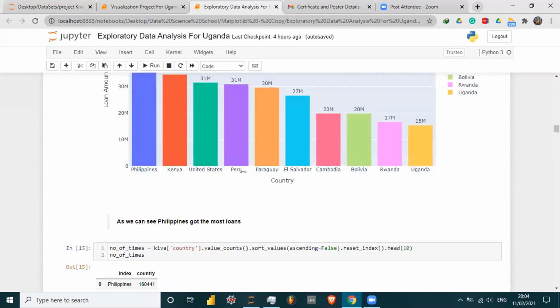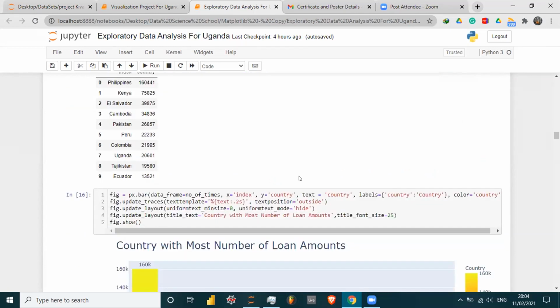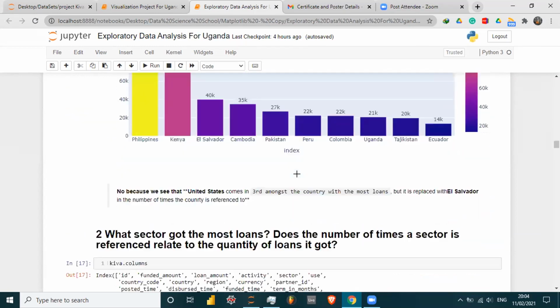We can see some countries are exchanging positions. So I wrote this markdown and said no, the number of times a country is referenced does not necessarily mean it has the most number of loans.